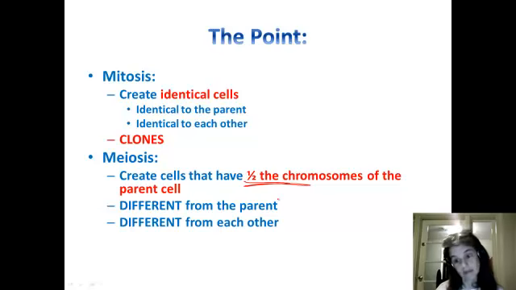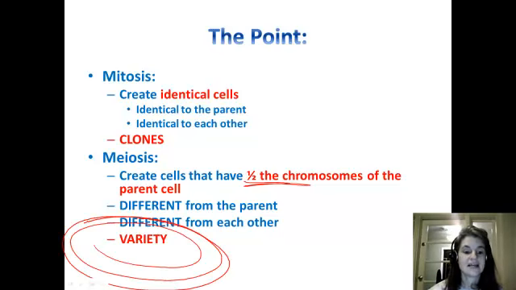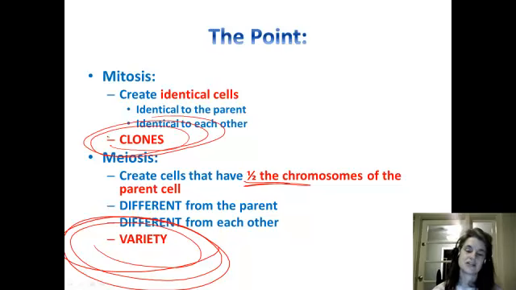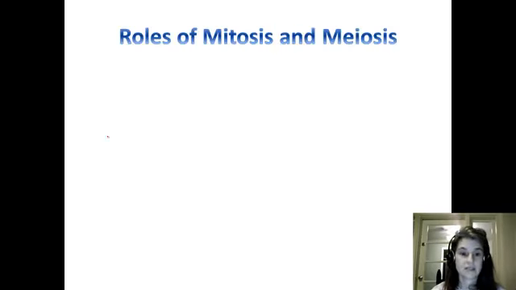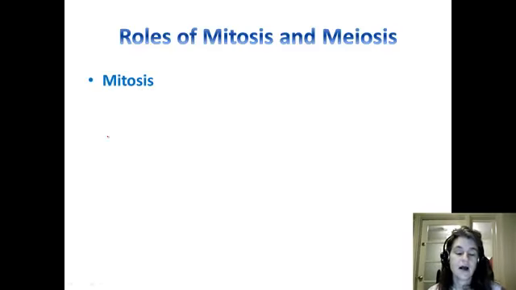So you're different from each other as well. So with meiosis, the goal fundamentally is variety, creating cells that are genetically different from each other, whereas the goal for mitosis is to create cells that are genetically identical to each other. Very, very different processes.